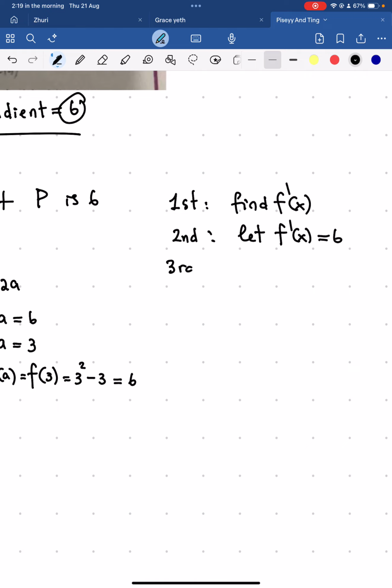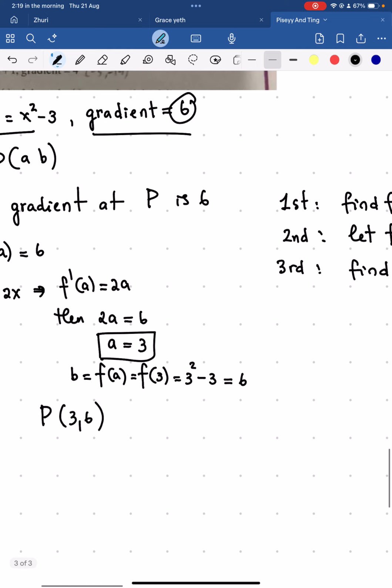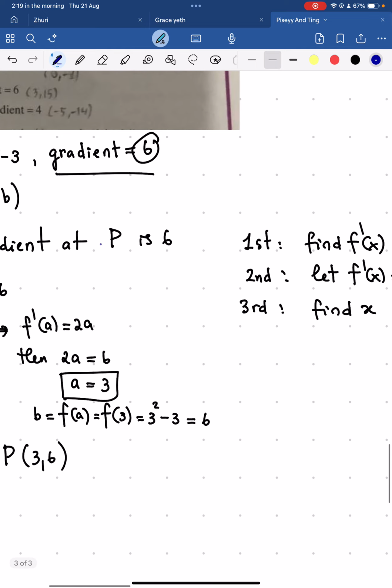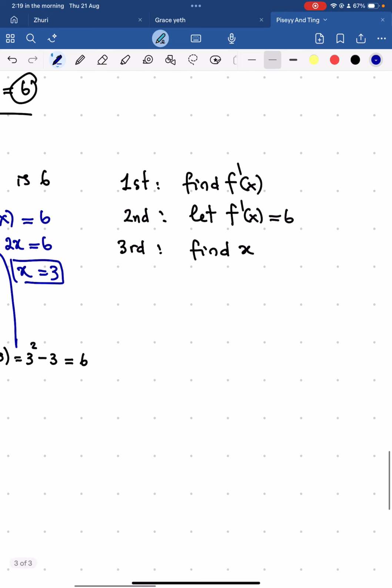Third, find x. You can see it's the same thing. For me, I denoted a, so I got a. But you can also do it like this: f prime of x equals 6, so 2x equals 6 and x equals 3. So we consider x equals 3 to be the x-coordinate of P as well. That's the same thing, okay?